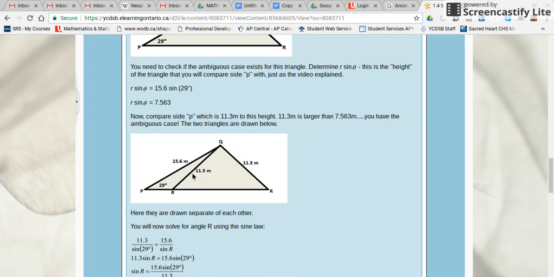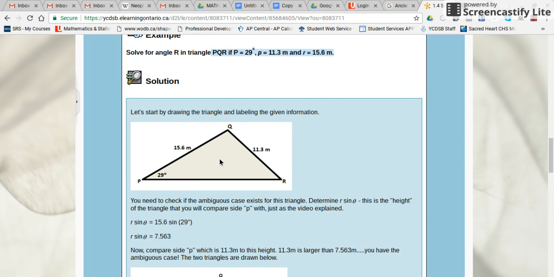Well, what you'd want to do is with your pencil, and if you follow the cursor here of my mouse, pretend like I was going to draw a line from Q straight down to the base of the triangle. That would be the height of that triangle. And that's what you need to figure out. So this calculation that you see down here, r sine theta equals 15.6 times the sine of 29.